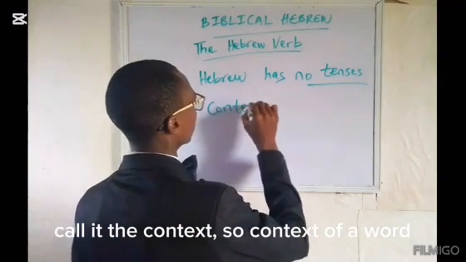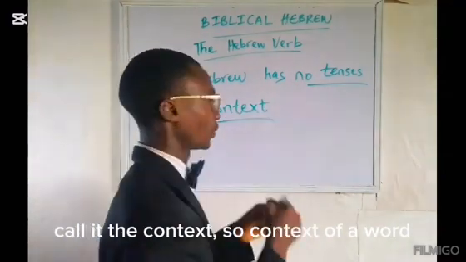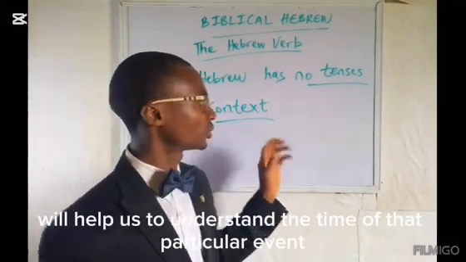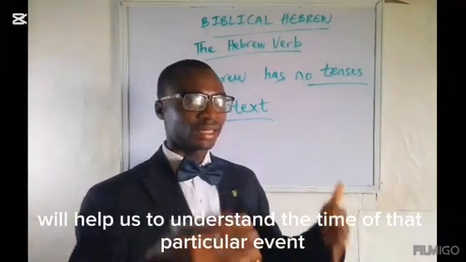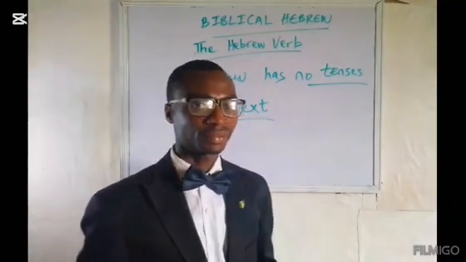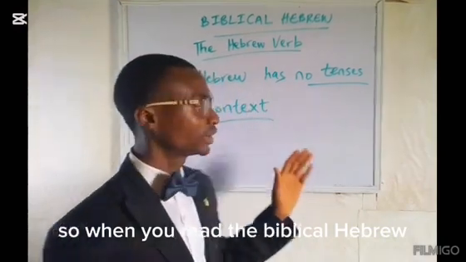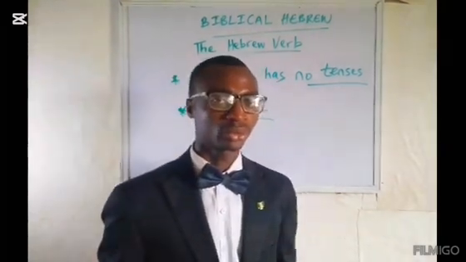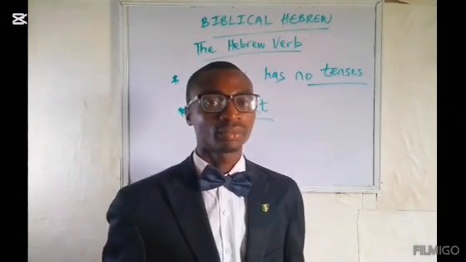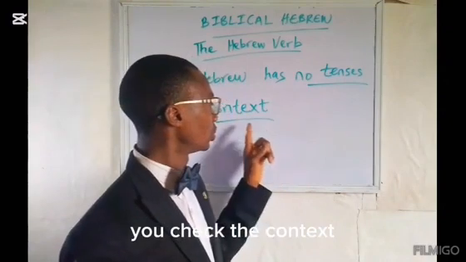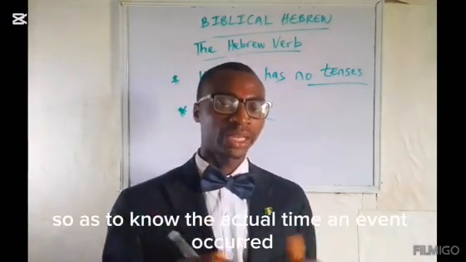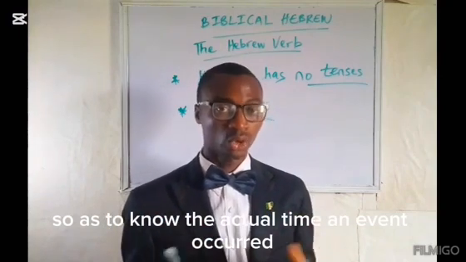The context of a word will help us to understand the time of that particular event. So when you read the biblical Hebrew, or the Tanakh, which is the Hebrew Bible, it is very important you check the context so as to know the actual time an event occurred.